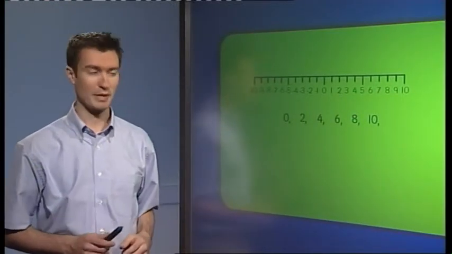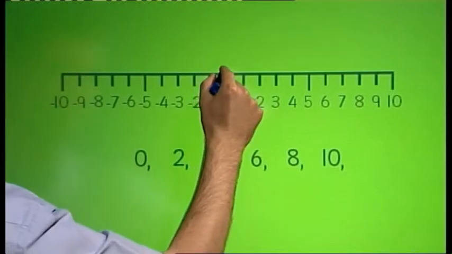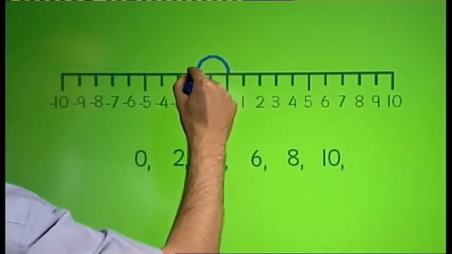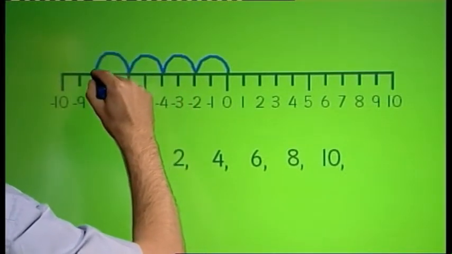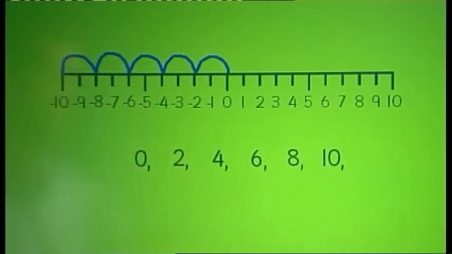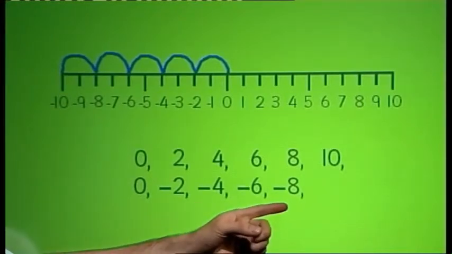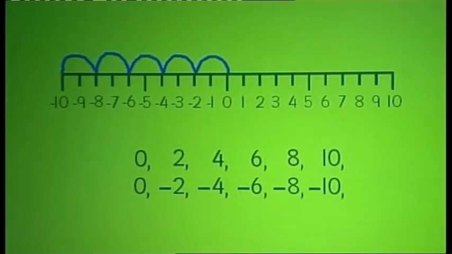Now what will the sequence be? 0, -2, -4, -6, -8, -10. Now if I show that sequence below the first one, 0, -2, -4, -6, -8, -10. The pattern is the same as before, except that this time the numbers are negative.